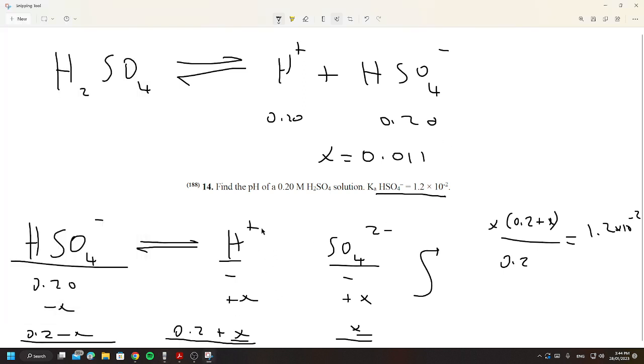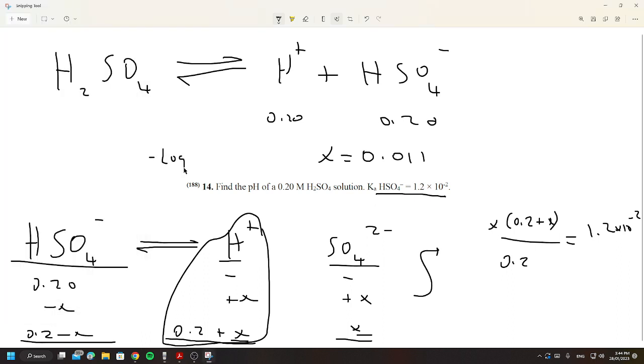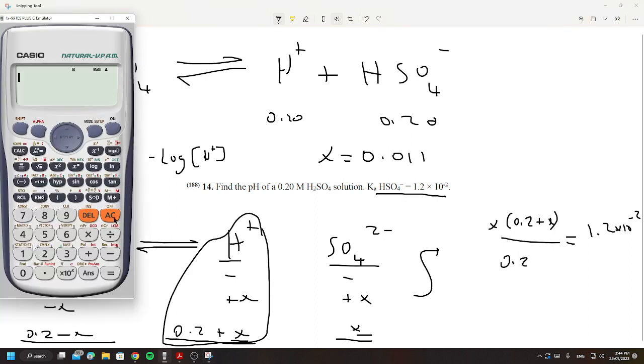So to find the concentration of H plus, we're gonna do 0.2 plus 0.011 to give 0.211 as the concentration of H plus. So now you can just do negative log of the H plus concentration at equilibrium. Negative log of the answer gives us 0.675, so 0.68.